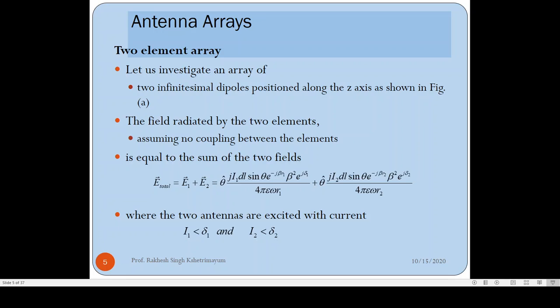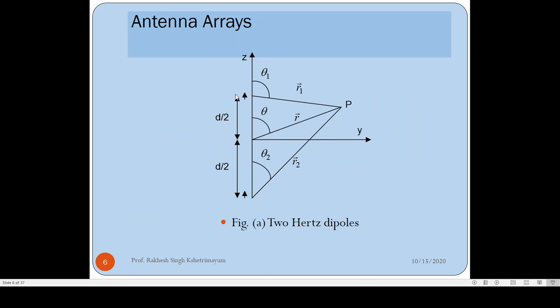So now this is the structure. Let's look at the structure first. This is one Hertz dipole and this is another Hertz dipole. This is the origin. You are placing this Hertz dipole at a distance d by 2 from the origin, and this Hertz dipole is placed at a distance minus d by 2 from the origin. So this is minus d by 2, this is d by 2 along the z axis, and the Hertz dipoles are directed along the z axis.